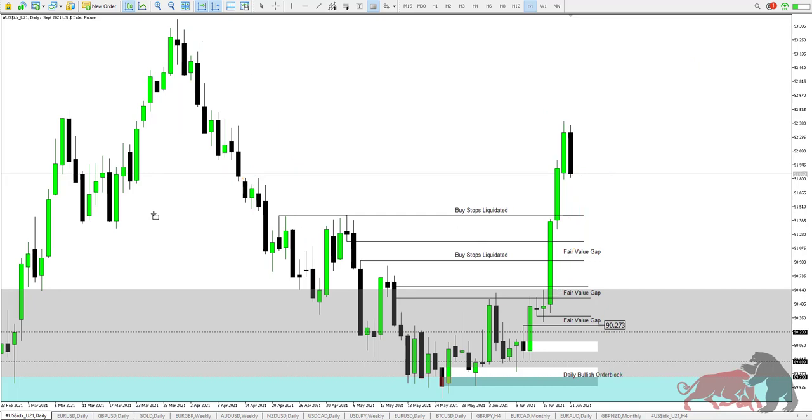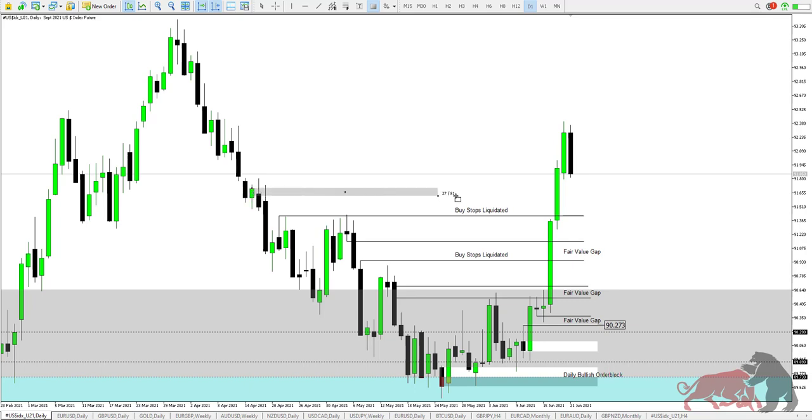Now, looking at the market structure, guys, right? Number 1, you need to be able to identify areas where you are going to be long on dollar. Areas that are going to offer discount price on dollar index, right?